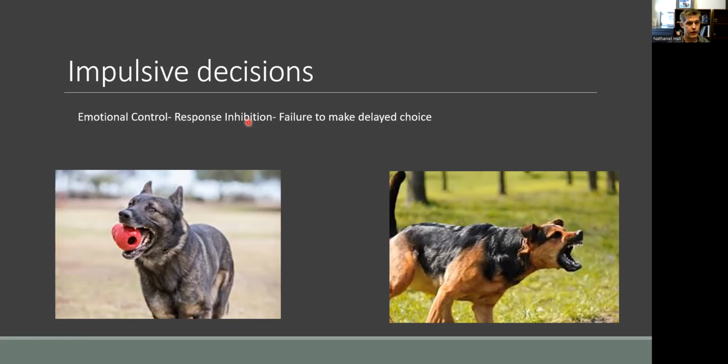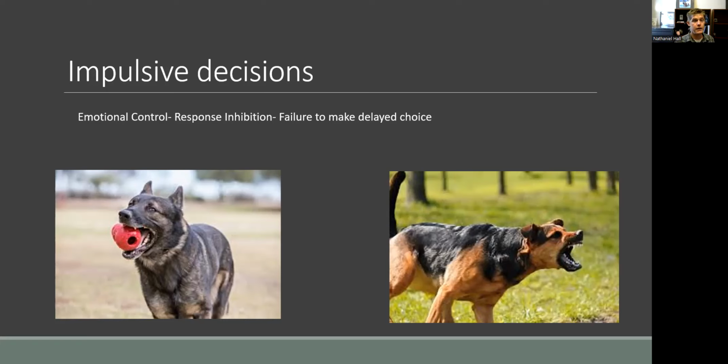Can they inhibit different kinds of responses that might be impulsive or emotionally triggering, like an aggressive response? Can they inhibit an immediate aggressive response to make a perhaps more successful delayed response? Or do they fail, or are they able to make any kinds of delayed choices?